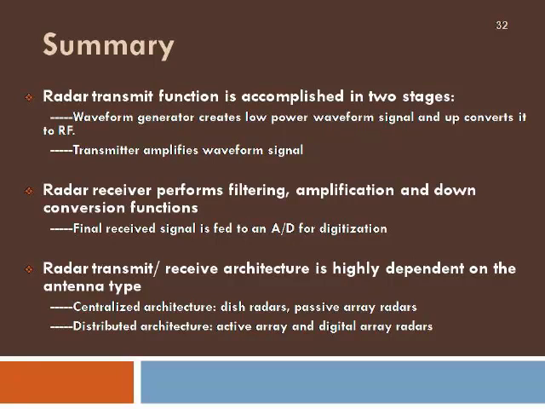So the final received signal is fed to an A to D converter for digitization. And the radar transmit receive architecture is highly dependent on the antenna type. So centralized architecture is used whenever we are going with the dish antennas or passive arrays, and a distributed architecture is used with active array or digital array radars.